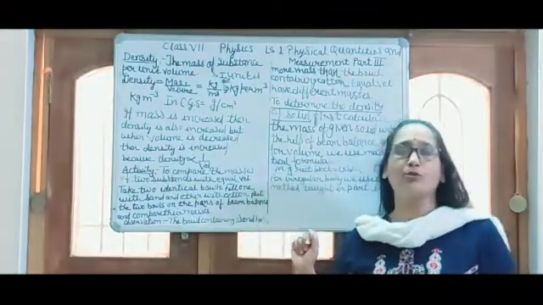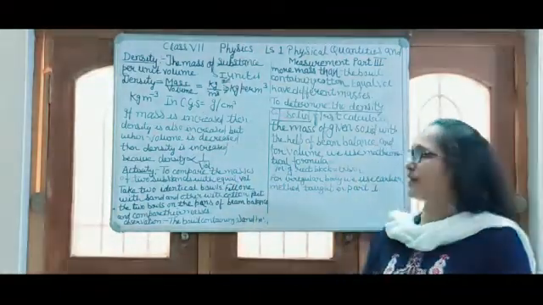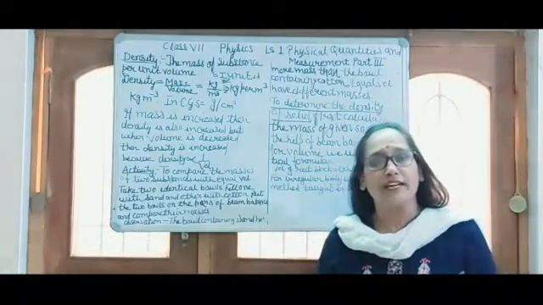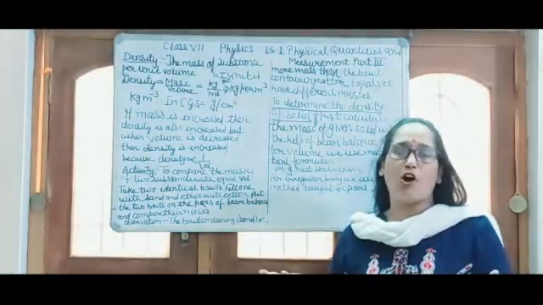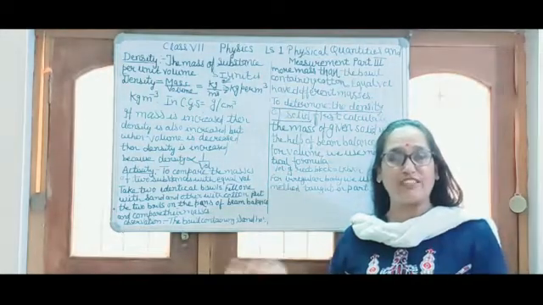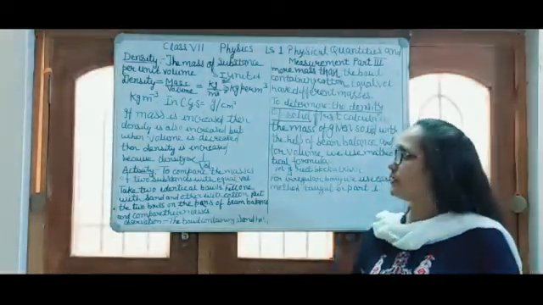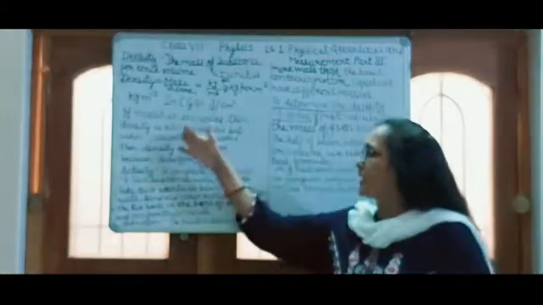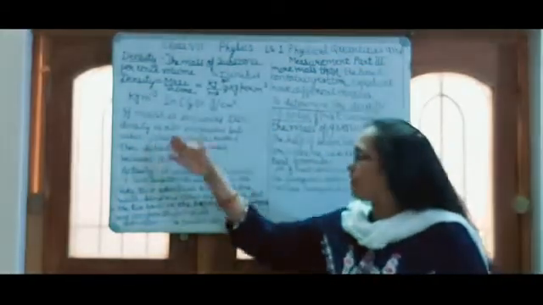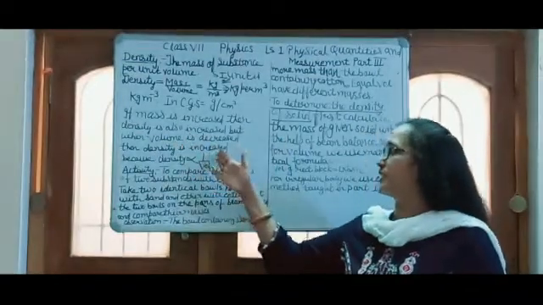Student, how to find the mass when their volumes are equal? When two substances of different mass have equal volume, how to find? If mass is increased, then density is also increased. But when volume is decreased, the density is increased.